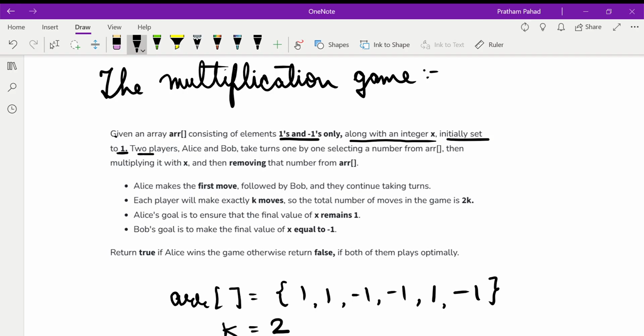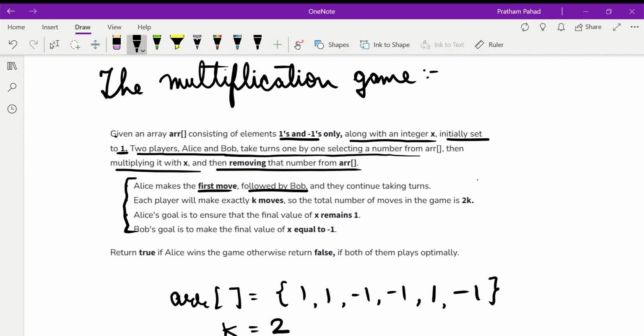Two players, Alice and Bob, take turns one by one selecting a number from the array, then multiplying it with x, and then removing that number from the array. So how our problem will run: firstly, Alice will make the first move, followed by Bob, and then continue taking turns.